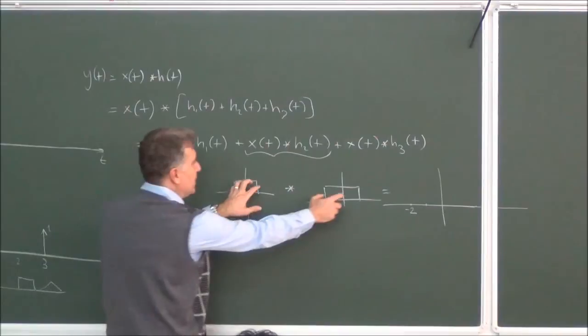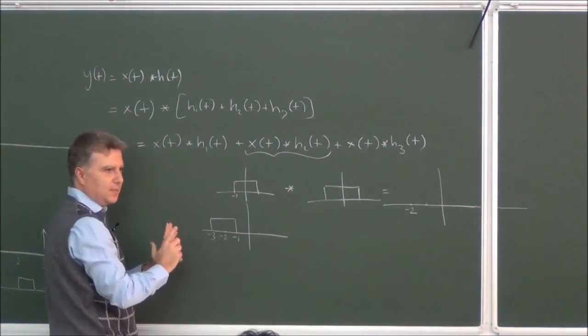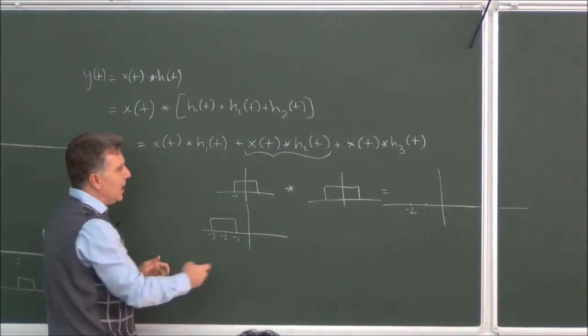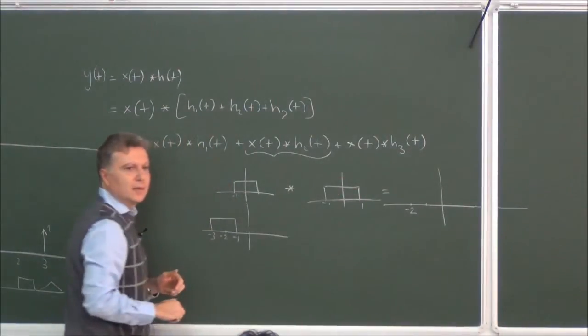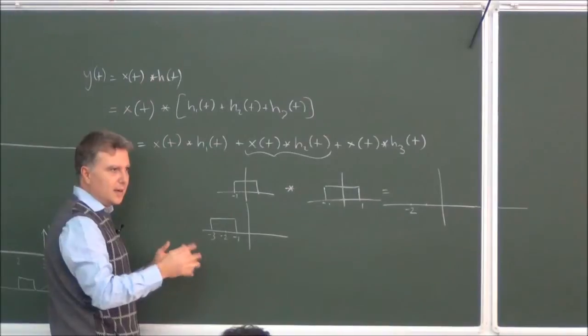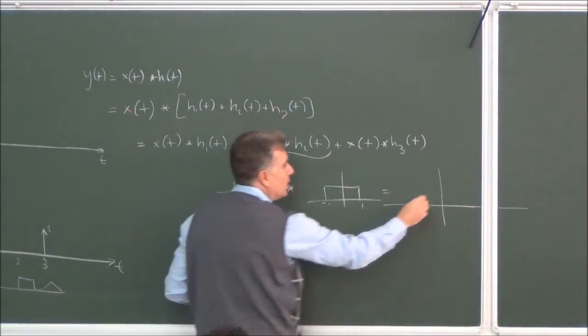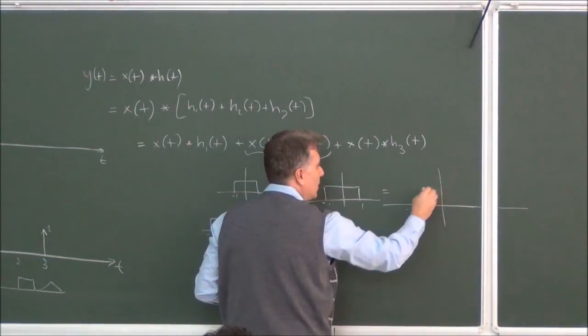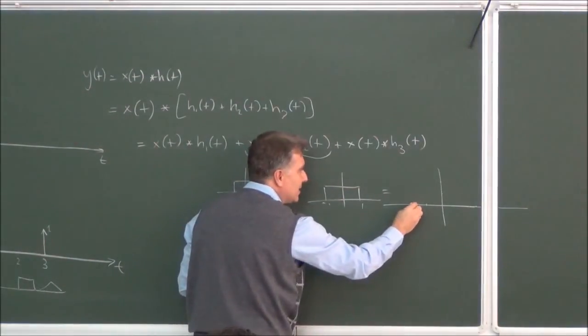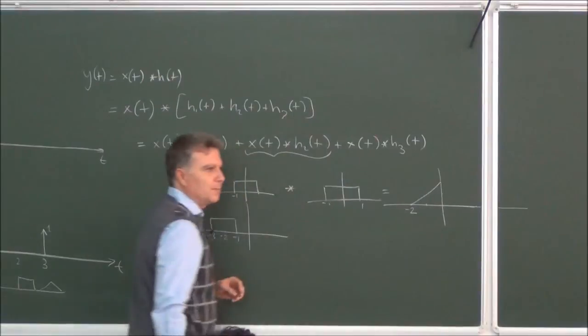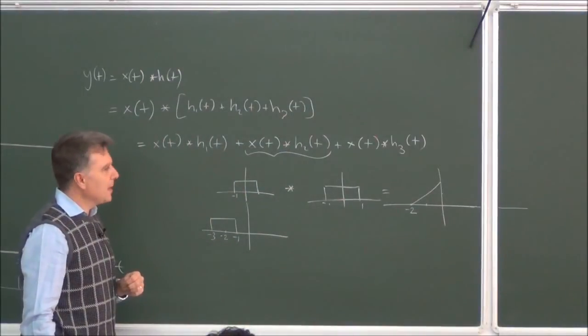The multiplication of these two will be exactly the same figure, and the area under it is the integral from minus 1 to 1 of 1, which is 2. The area of this rectangle is 2. So for this shape, of course, it linearly increases to 2. All right?